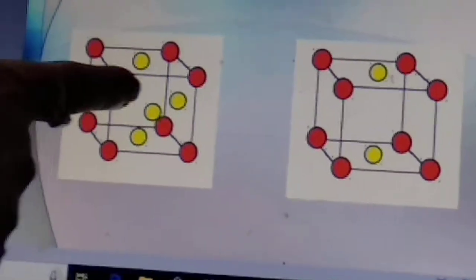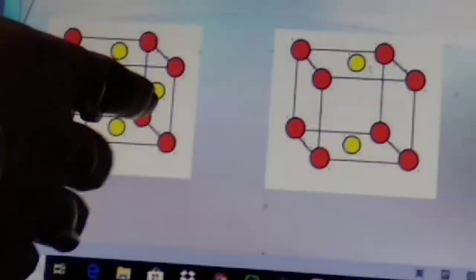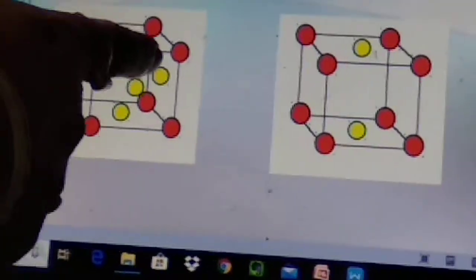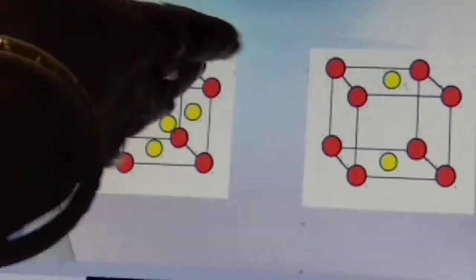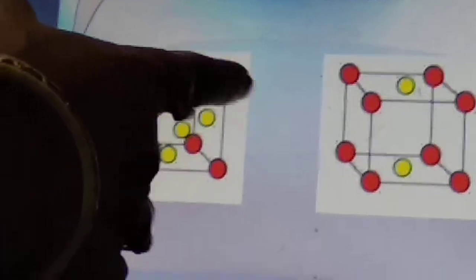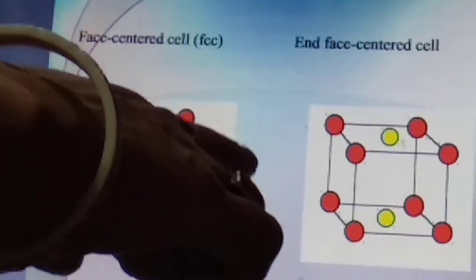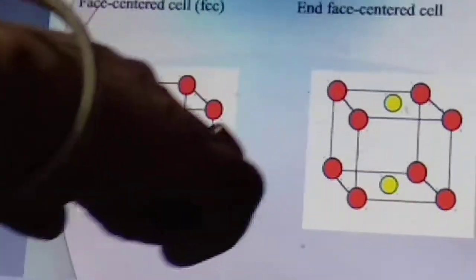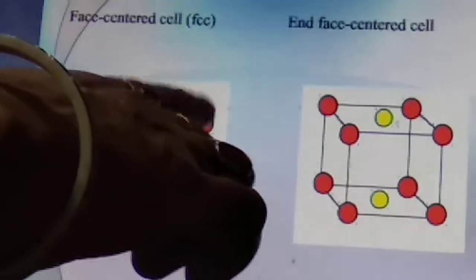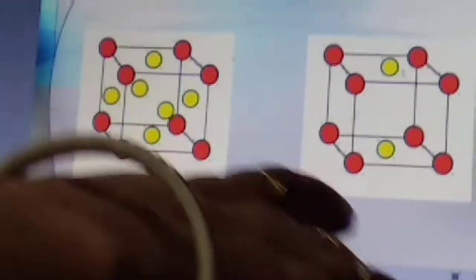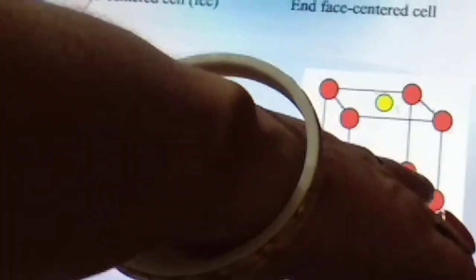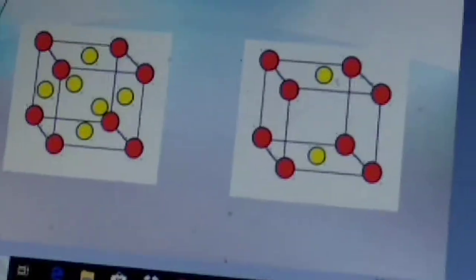Yellow colored particles, 6, at the faces, and at the corners red colored particles are present. This is the face centered cubic lattice. And in the end centered cubic lattice, particles are present at the corners as well as the 2 opposite faces.